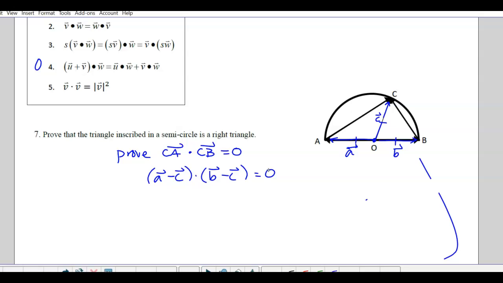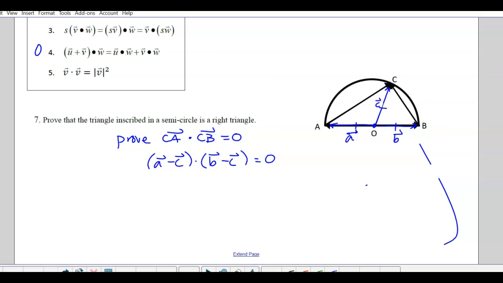And we'll use the distributive property on that expression. So it's dot product. Don't be lazy. Make sure you have the dots in there. Doesn't have to be big, but because it's not really multiplication, right? So minus a dot c minus c dot b.